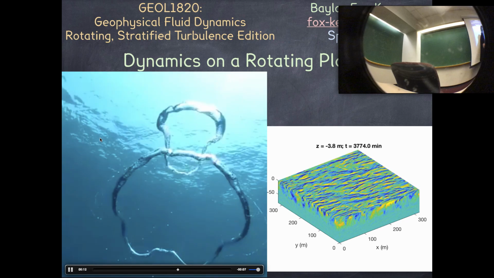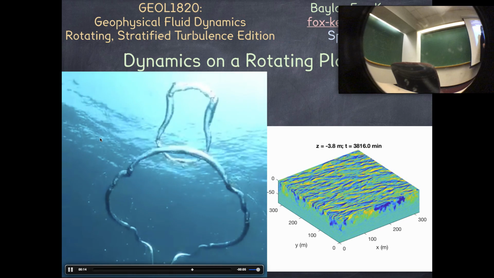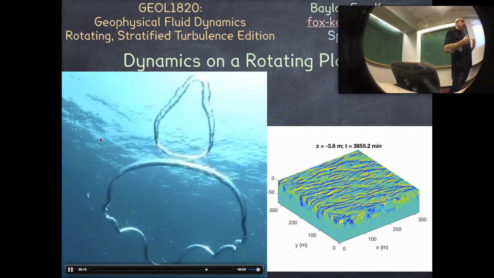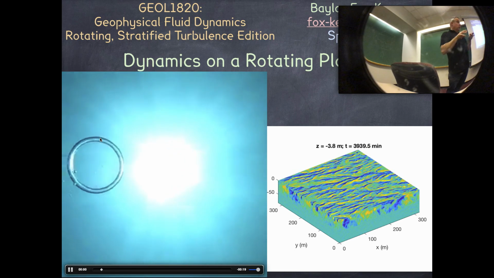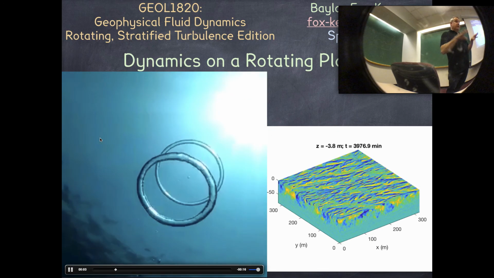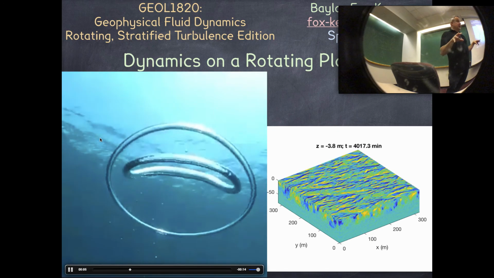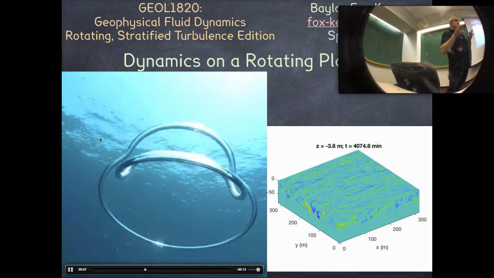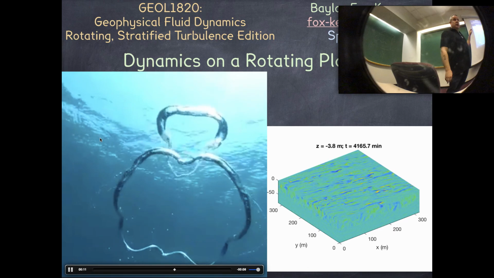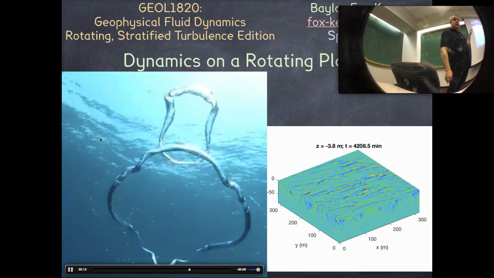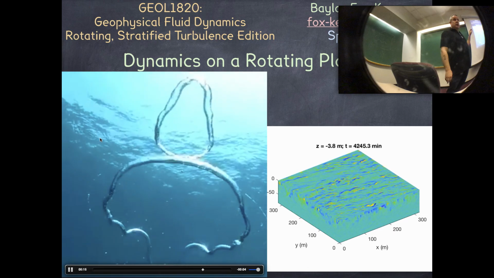So that kind of breaking and interaction stuff is not allowed in the linear system where the Fourier modes are independent. So waves where Fourier modes are independent, or linear instabilities where Fourier modes are independent, is not a good descriptor of the scale-to-scale connectivity that's in a turbulent flow.